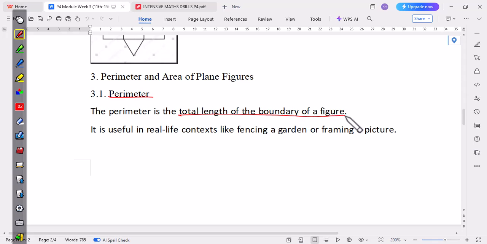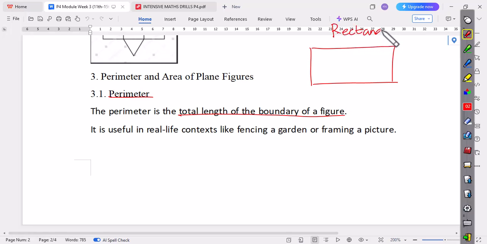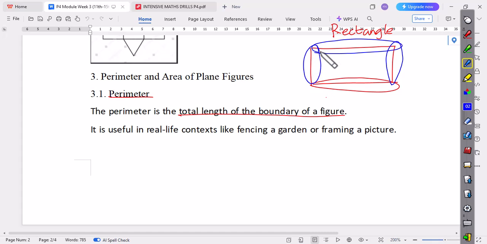So for example, we have a rectangle here, and the perimeter is you just find the total of this length, this one, and this one. So this is what it means by perimeter, the total length of the boundary of a figure.